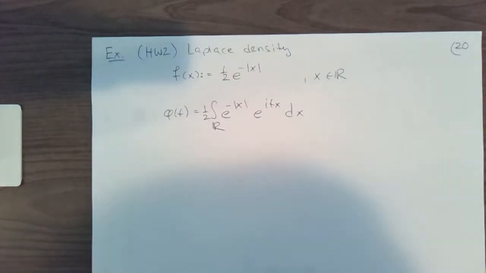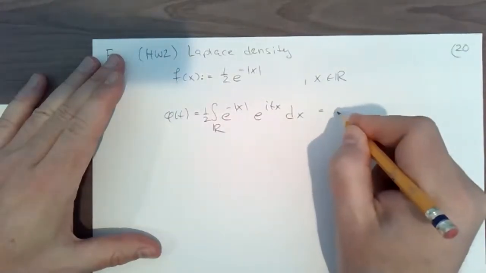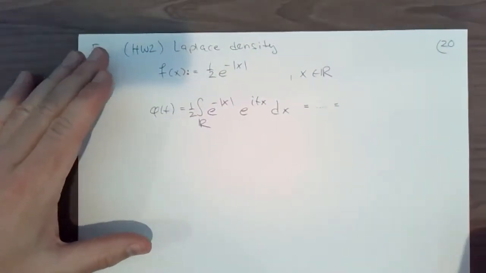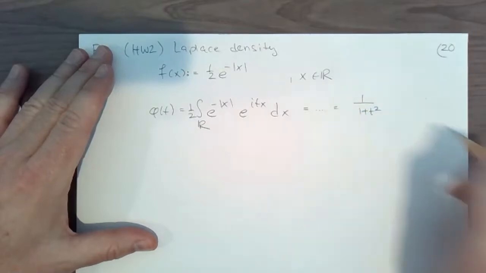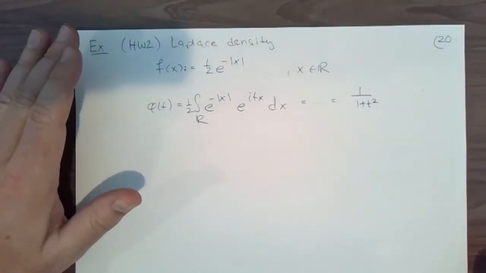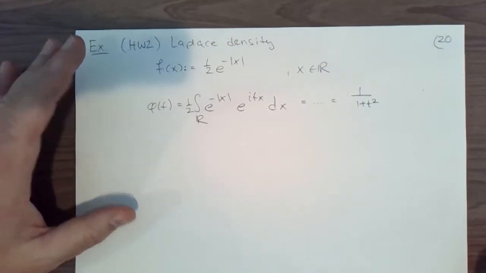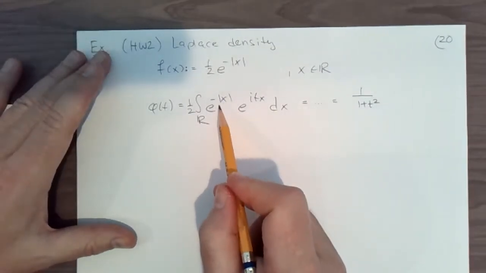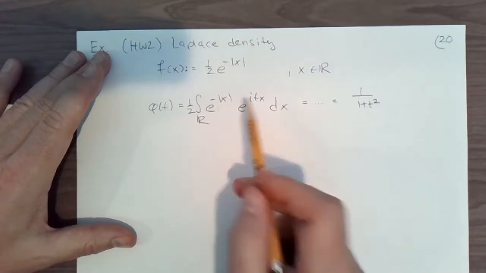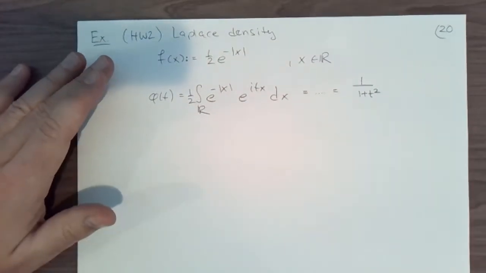And this one here is not hard. It's also in your homework, you work out what this one is. There's a little bit of work there, but not very much. What comes out at the other end is 1 over 1 plus t squared. This is not too bad, because what you're going to end up doing is just integrating exponential functions. So that's really not the new thing.